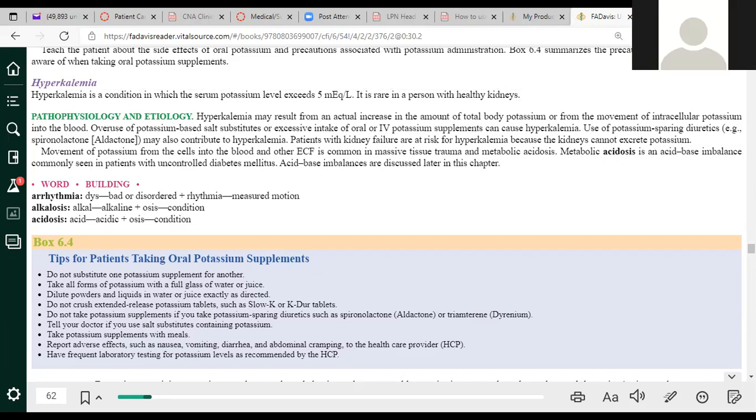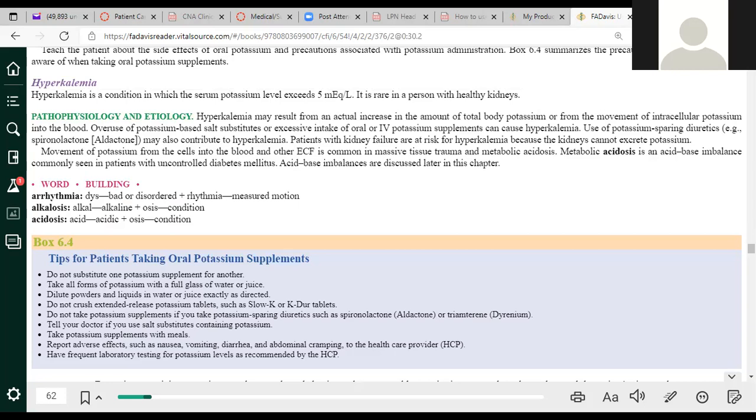You all will hear things such as potassium sparing. When you do hear potassium sparing diuretics, that means that this particular diuretic causes the body to retain potassium. It causes the body to hold on to potassium.